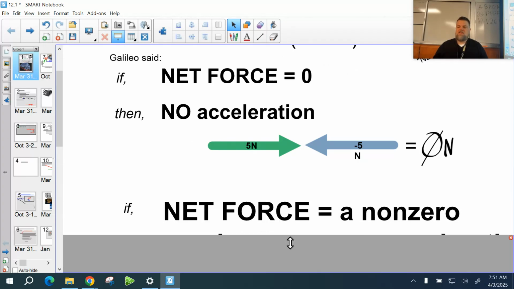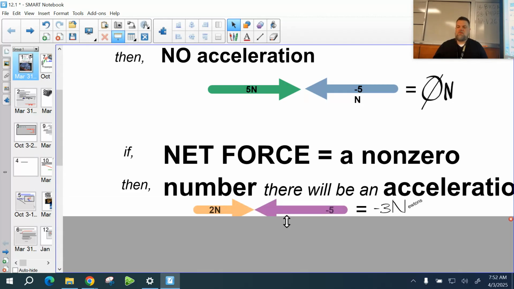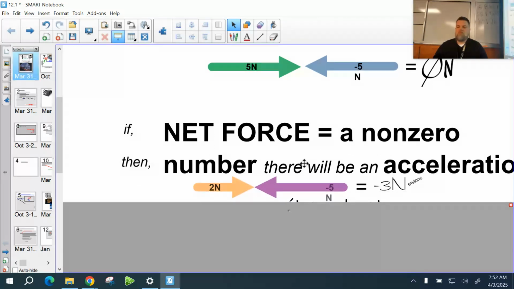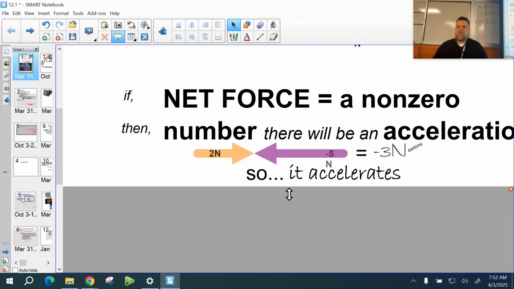So anyways, if the net force is non-zero, then the number will be an acceleration. So if I have 5 newtons going in the negative direction, I have a negative 5 newtons. And if I have 2 newtons of force going in the positive direction, then my net force is going to be negative 3 newtons.